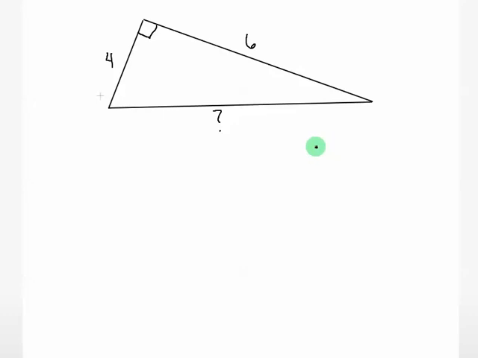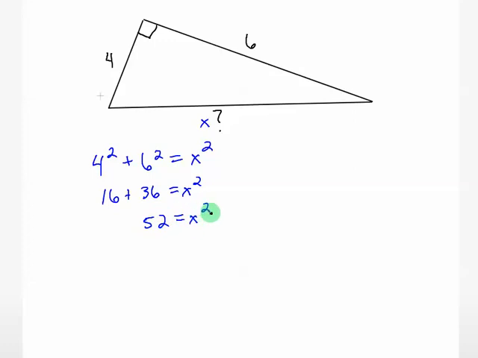Here's another example. The Pythagorean theorem in this case would say 4 squared plus 6 squared equals the hypotenuse squared. Let's call it x again. The unknown we'll call x. And to solve for x, 4 squared is 16 plus 36 equals x squared. So x squared equals 52.